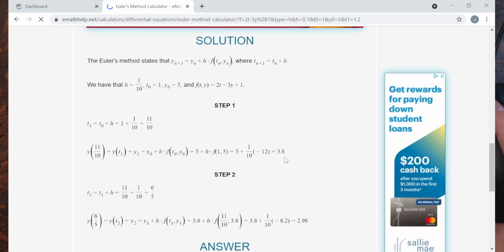Then y at 1.2, which is 6/5, is approximately 2.98, which is what we got after our second step. And it shows you all the calculations they did, right? Step 1, step 2, just like the stuff I wrote out by hand. All right. So this is a beautiful thing right here. This is, again, just replace x with t, and you'll be fine.